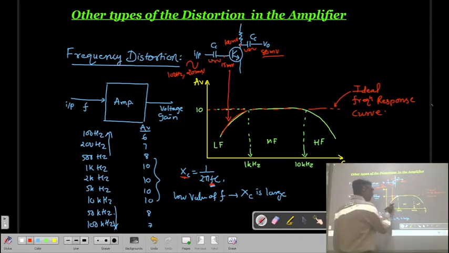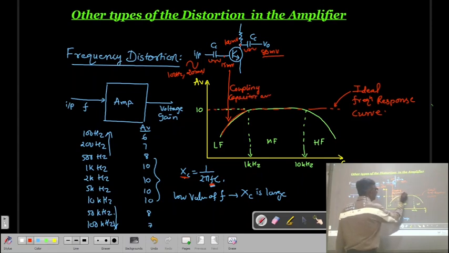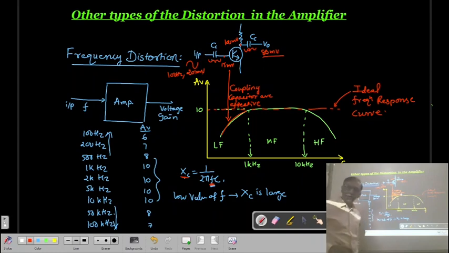So in the low frequency part, remember, the coupling capacitors are effective, and due to that the gain of the amplifier is less at a lower frequency.